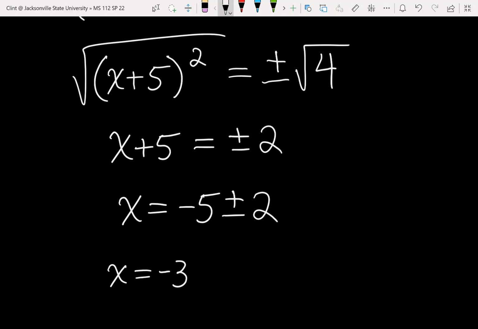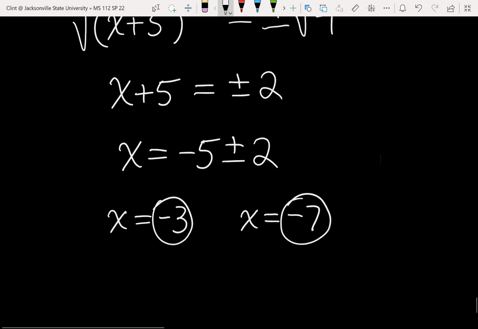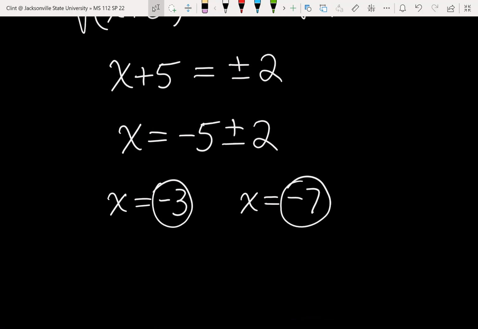If we use the minus sign, negative 5 minus 2, negative 7. So maybe a little bit strange. It's not hard. Maybe a little strange to you if you haven't done it much or at all.